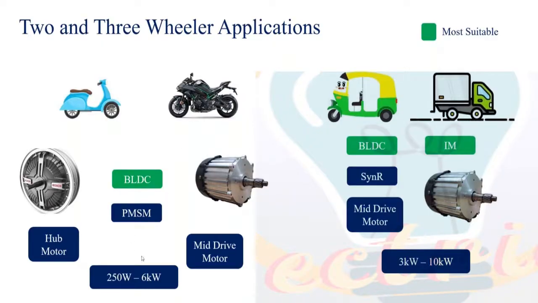Two-wheelers range from 250 watts to 6 kilowatts. When you talk about three-wheelers, right now BLDC and induction motors are the most widely used, and the power range is about 3 kilowatts to 10 kilowatts. Not only passenger three-wheelers, but also loader autos and loader passenger vehicles.